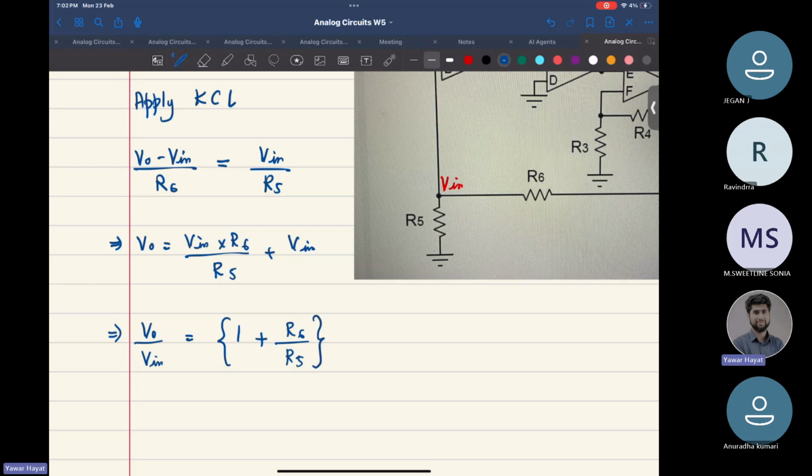Is this correct? It is, right? So that is what will be the answer for you. It's 1 plus R6 over R5, or in other words, it's R5 plus R6 whole divided by R5.